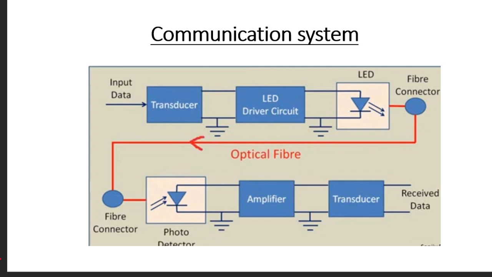The photodetector detects the photons and gives us the electronic signal. If the strength of the signal is low, the amplifier will amplify the signal, and this signal is again given to the transducer, and at the end you get the electronic data as your output.